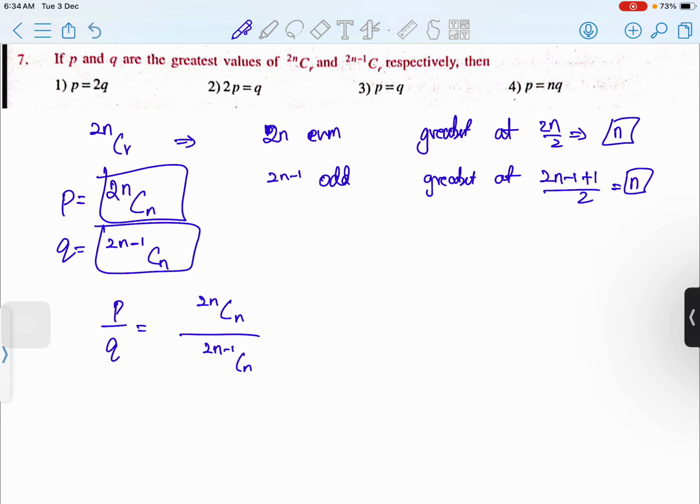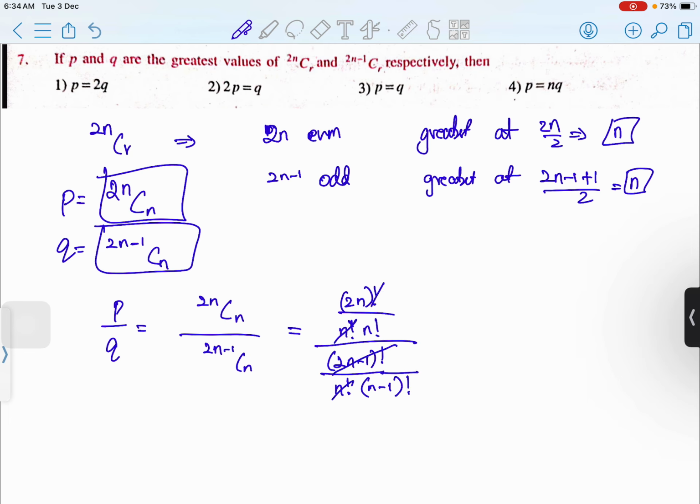So you can also use the normal formula: 2n factorial by n factorial by (2n minus n) factorial, and 2n minus 1 factorial by n factorial by (2n minus 1 minus n), which is n minus 1 factorial. So n factorial cancels.